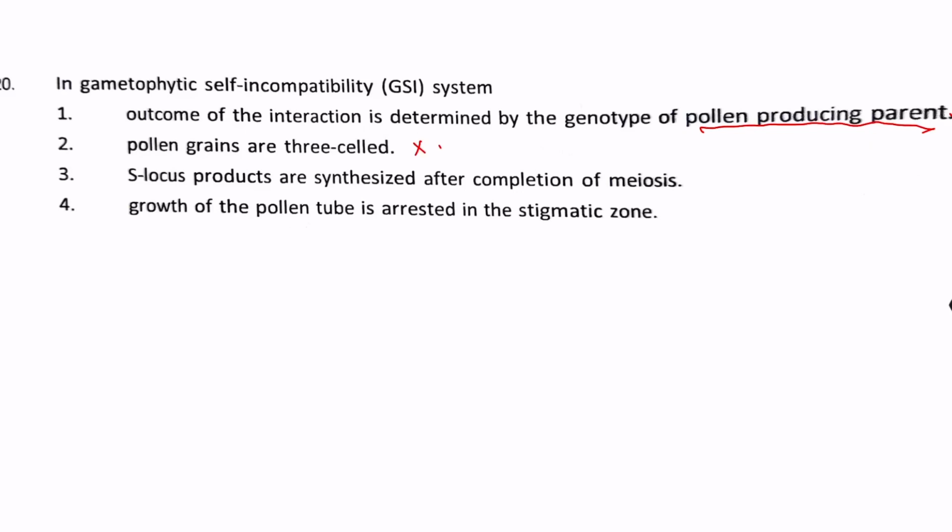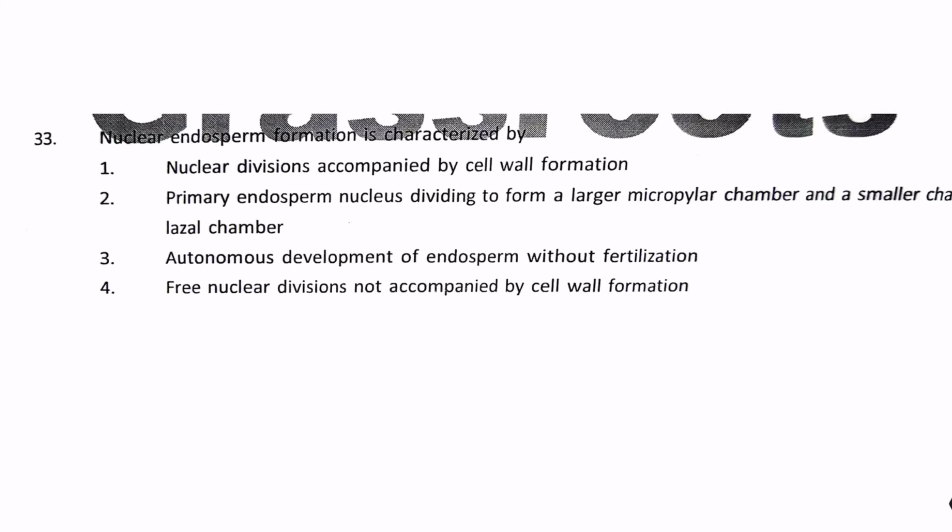Next is S locus products are synthesized after completion of meiosis, and growth of the pollen tube is arrested in the stigmatic zone. No, in GSI it is not arrested in the stigmatic zone. It is actually in the pistil zone by RNases. So our answer is that the products are synthesized after the completion of meiosis. So 23 is the correct answer. Next question.